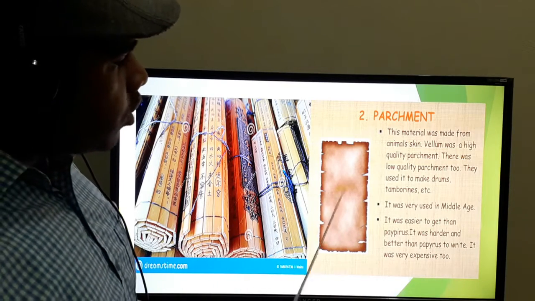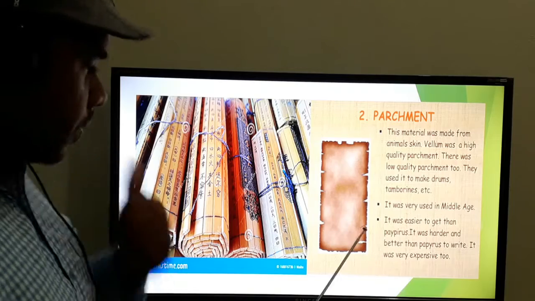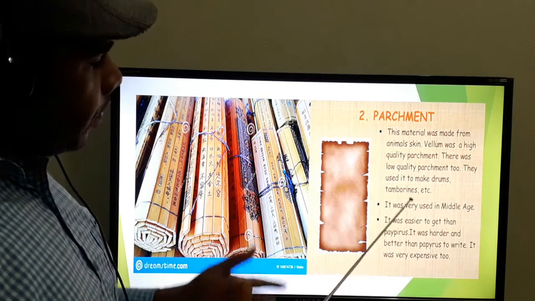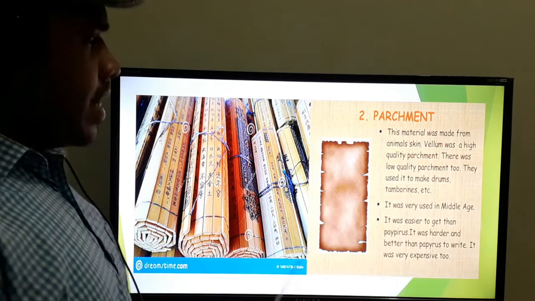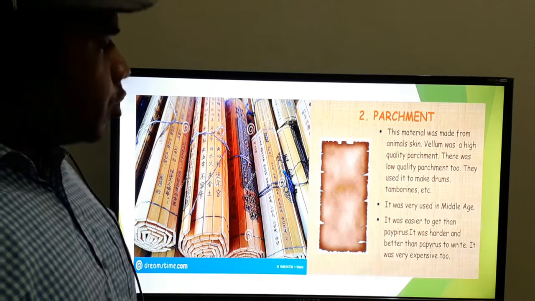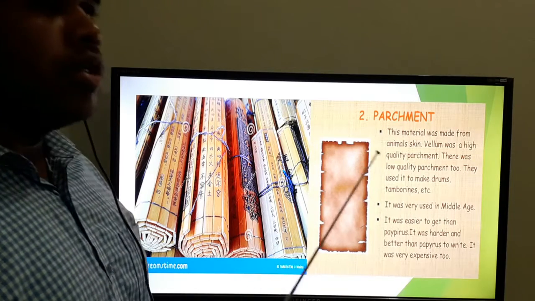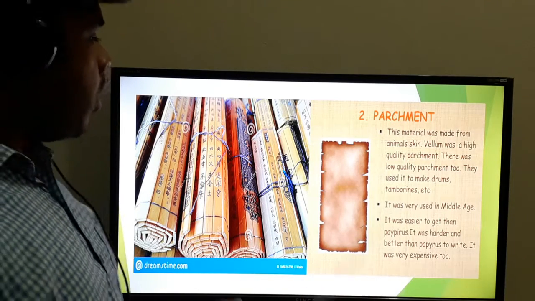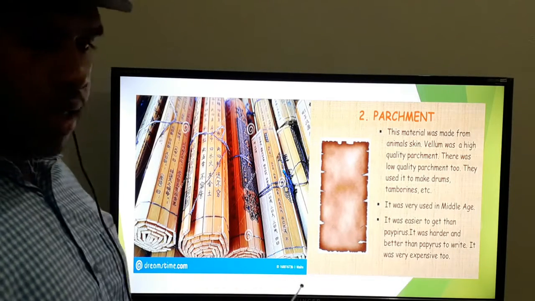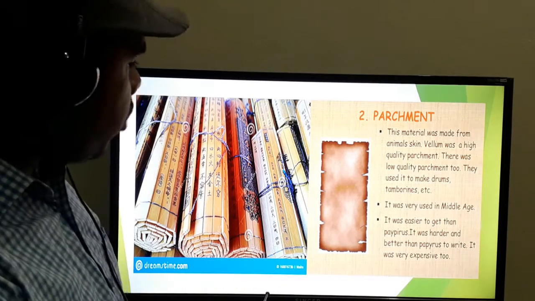And there is also something called parchment. What is parchment? Let me clarify. It has been made from animal skin. Earlier, people had to write important notices and important announcements on that type of material. They used it. So through this picture, can you guess anything?